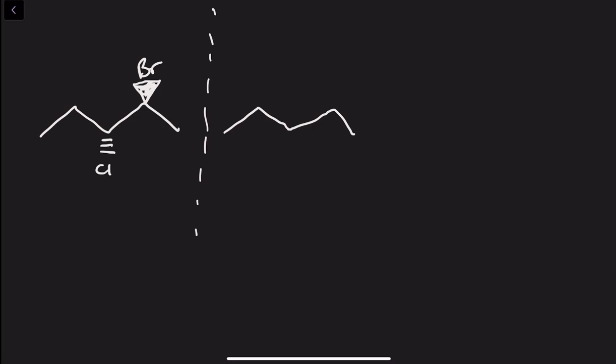So if we draw this mirrored pentane, our bromine is going to be out here, and our chlorine is going to be back here, the exact mirror image. This is a valid way to draw the enantiomer. The other way, again, is to just flip all of our wedges and dashes. So we can also draw the enantiomer by redrawing the original structure, but now our bromine is in the back and our chlorine is in the front on a wedge.